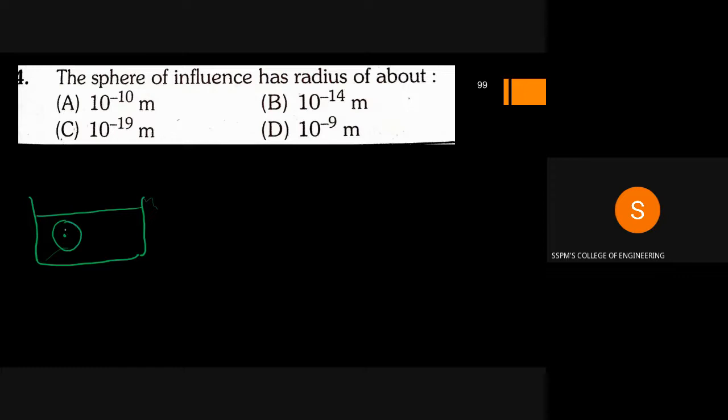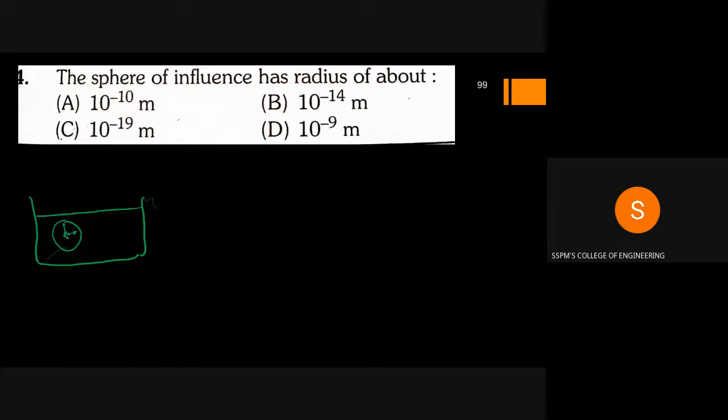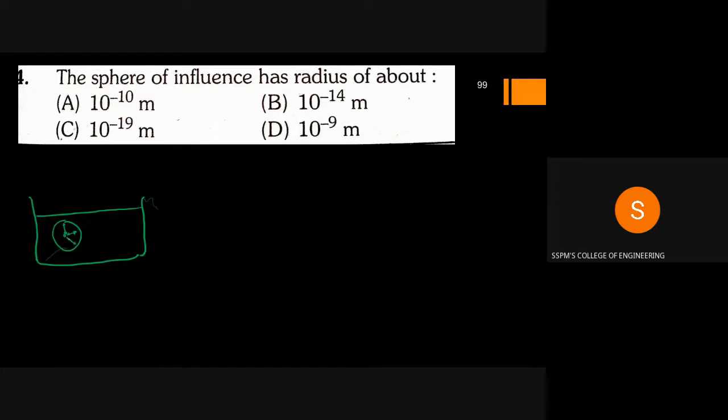Then this molecule will apply a force of attraction on adjacent molecules up to a distance, and this distance is of the order 10 to the power minus 9 meter. Okay. So the sphere of influence has a radius of 10 to the power minus 9. So the correct option is option D.